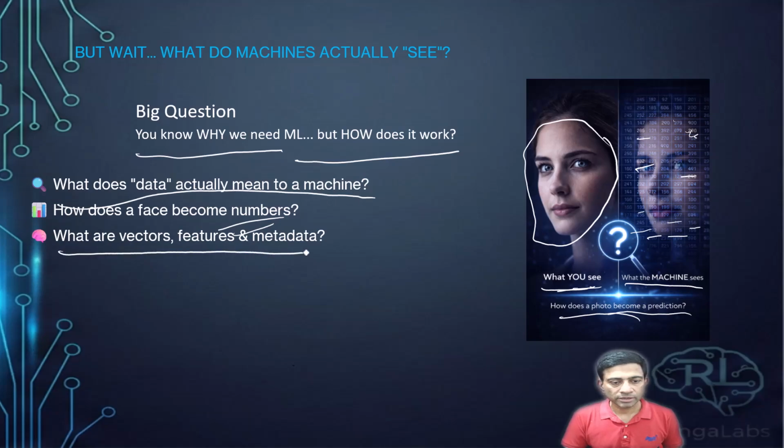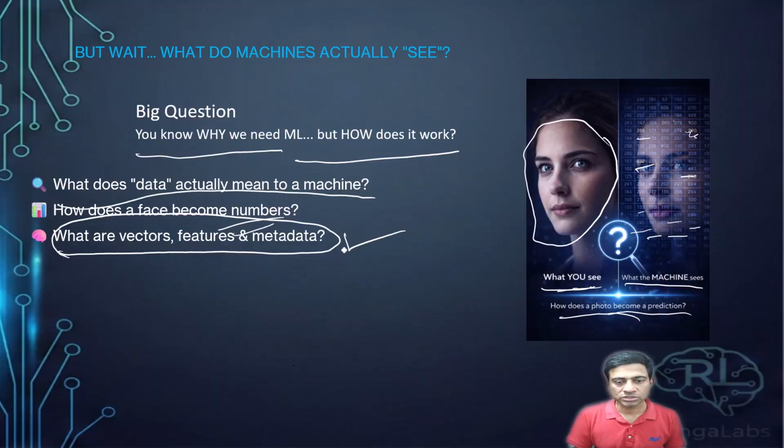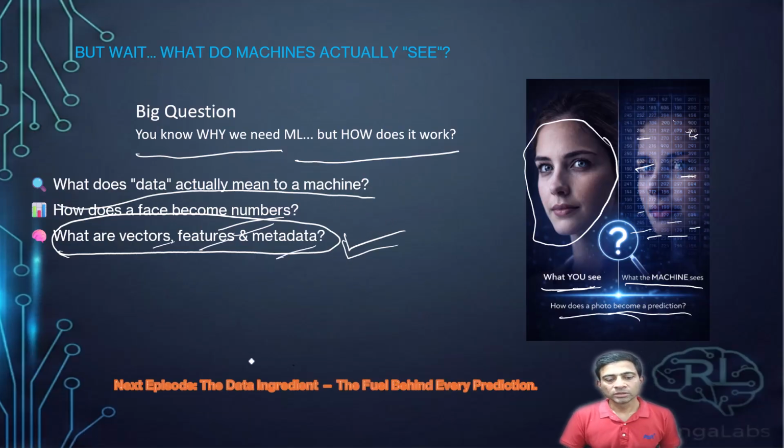So this is the most important topic, where we transition from the traditional password level to machine learning. This will be your first concept in machine learning, where we are going to understand what are vectors, what are features, and what is metadata. Okay, so this will be the next episode where we will talk about the data ingredient.